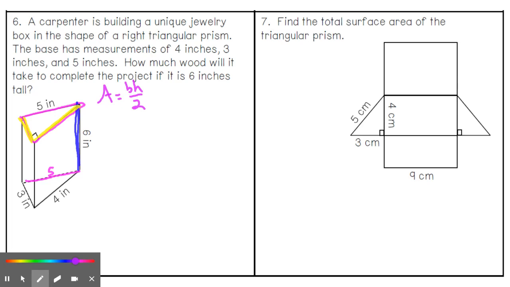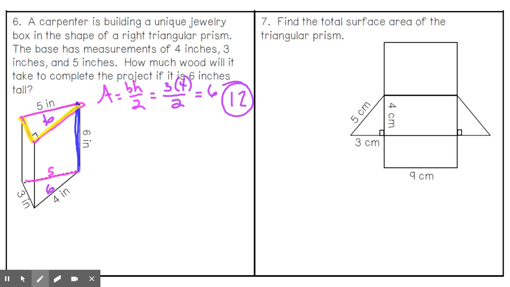So we're going to say that we have 3 times 4 divided by 2, so 12 divided by 2 is 6. But then the thing you have to remember is that we actually have 2 of those. So if this is 6 and this is 6, then the area of our triangular bases total 12, okay?